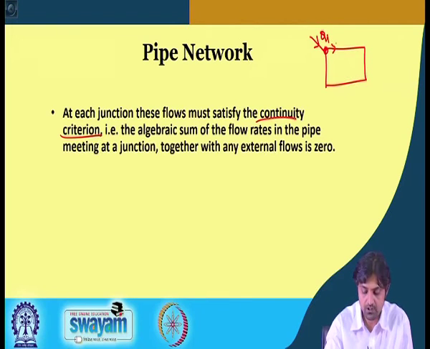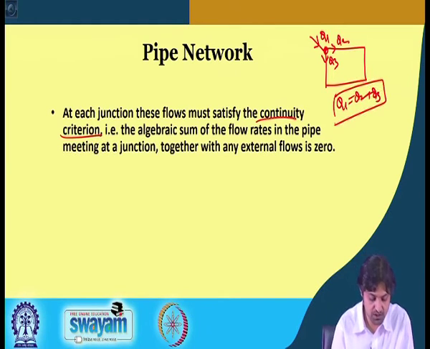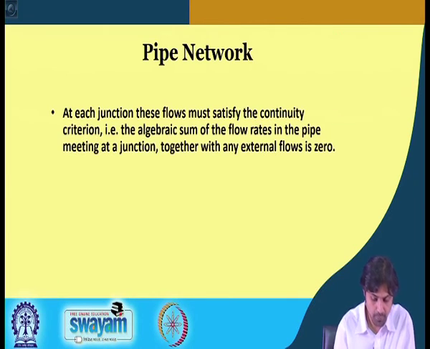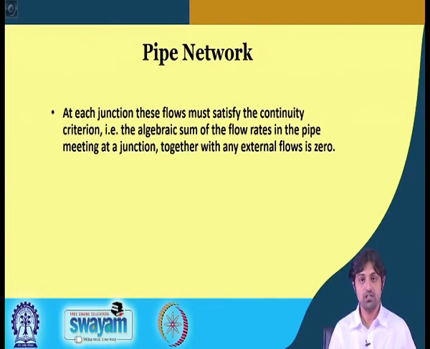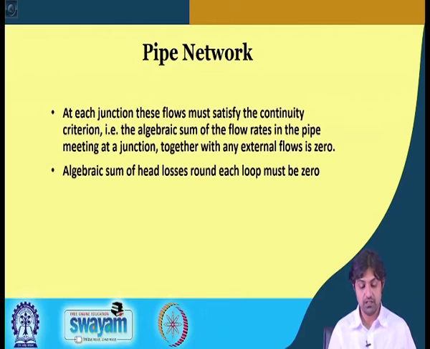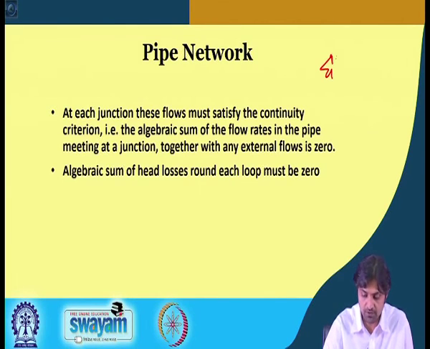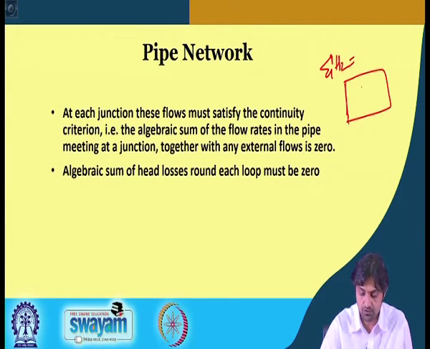There is Q1, Q2, Q3. So, Q1 is equal to Q2 plus Q3. So, the net outflow at any junction should be 0, which is the continuity criterion. Secondly, the algebraic sum of head losses round each loop must be 0. So, sigma of head losses in one loop like this should be 0.